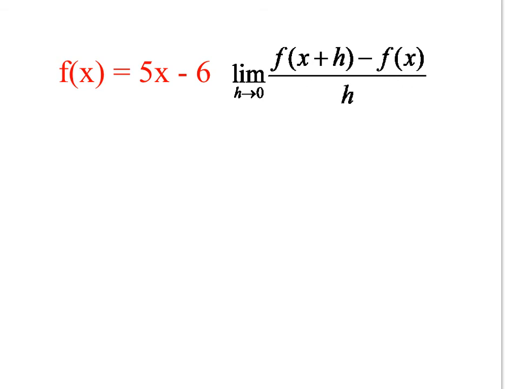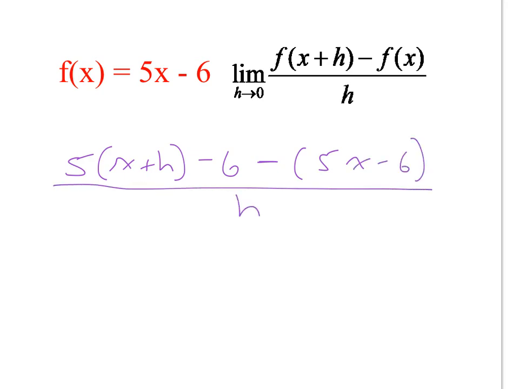So up top, f of x plus h is 5 times x, but now it's x plus h, minus 6, minus f of x. Well, f of x is 5x minus 6, all over h. The limit of that as h goes to 0.